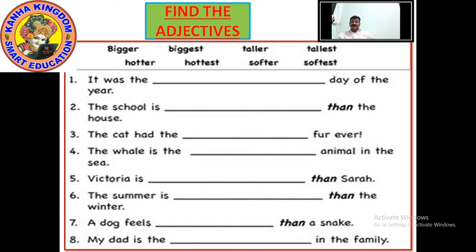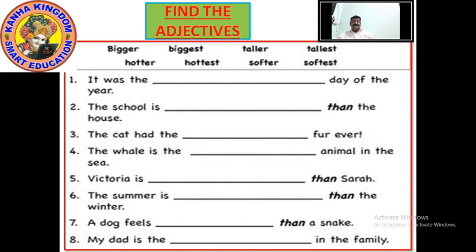The school is bigger than the house. The cat had the softest fur ever. The whale is the biggest animal in the sea. Victoria is taller than Sarah.